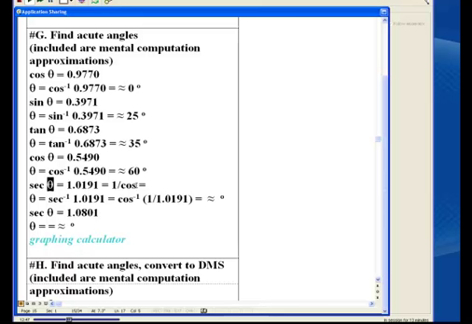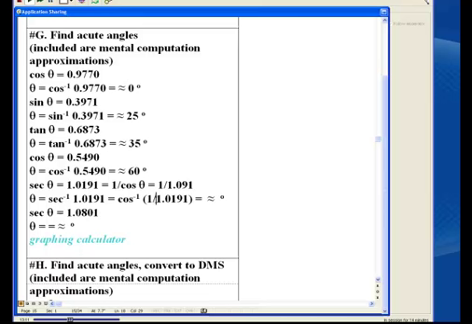I'm going to copy a theta here, which is going to be 1 divided by 1.0191, and then of course I have to take the inverse of that one.